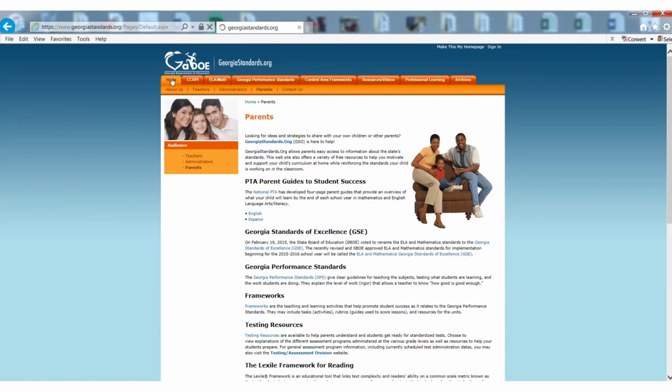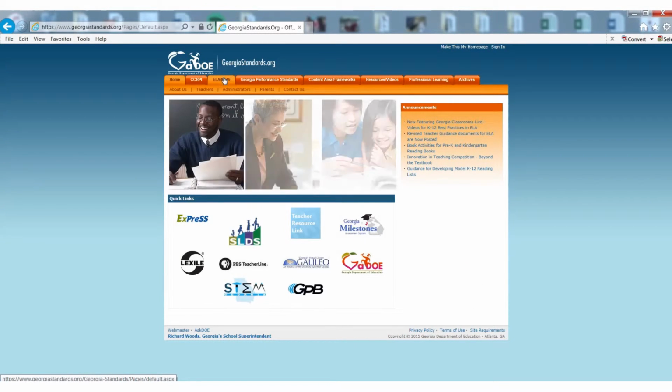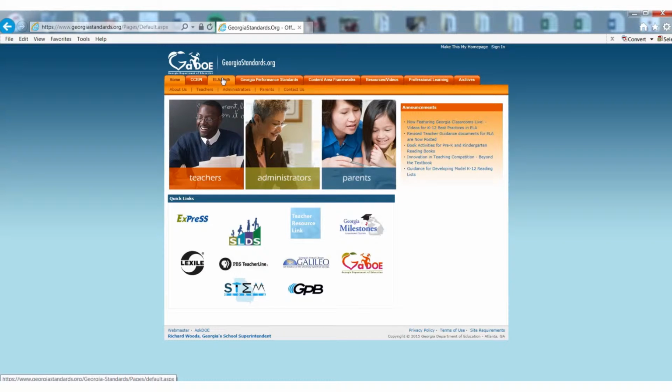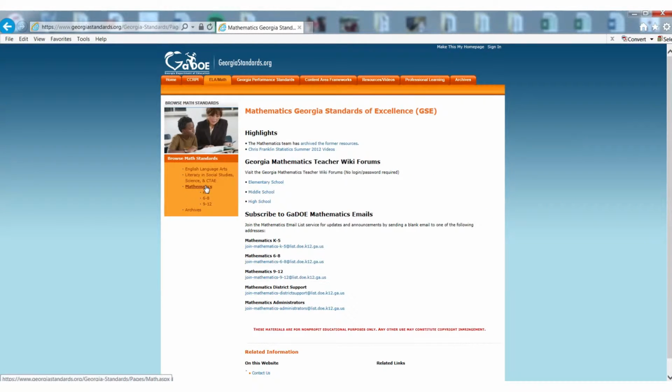But back on the home page, in order to get to the math standards, you will notice that there is a tab at the top for ELA Math. When you open that tab, you will see that you can browse all of the standards, and one of those is the math standards.